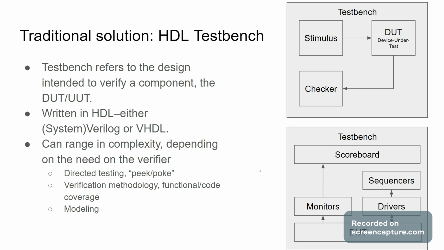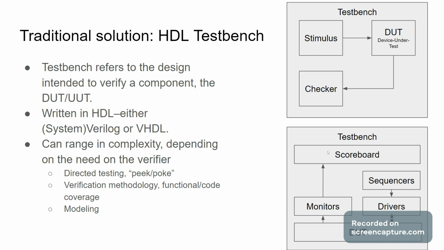I think that stands for Universal Verification Methodology, a type of test bench which has a whole lot more bells and whistles. The intent with these test benches is you have monitors and drivers that actually interact with the various interfaces of your DUT. Sequencers represent the streams of data that you use to drive into the drivers and into the DUT. Monitors are passive, so they just check the states of your DUT.